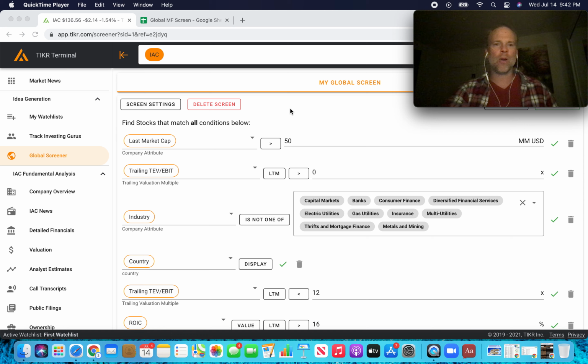So today I want to walk through how to calculate the magic formula globally using TIKR Terminal's Global Equity Screener. It's a very powerful tool.